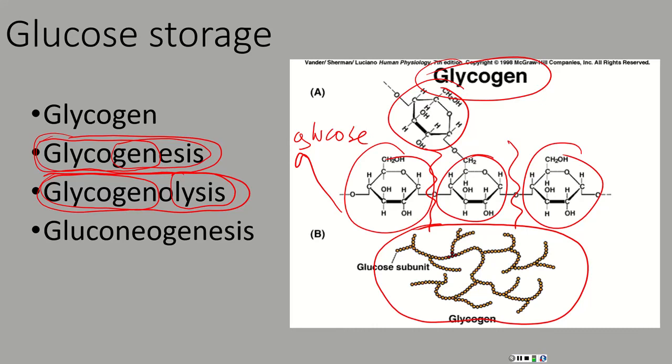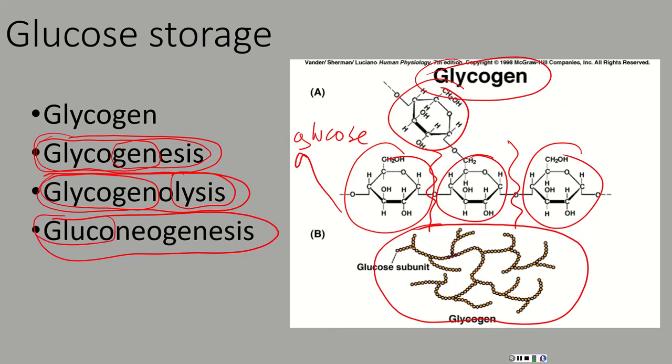Well, we can get glucose some other places. Sometimes we can break down fat to produce something like glucose, some form of carbohydrate. Or sometimes we could break down proteins to produce some form of carbohydrate. So what do we call it when we're producing glucose or a carbohydrate from something other than a carbohydrate? That's called gluconeogenesis.